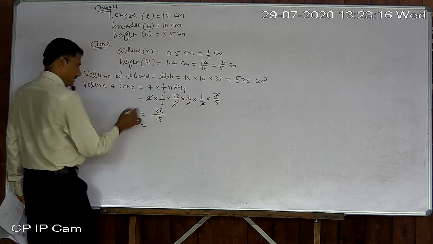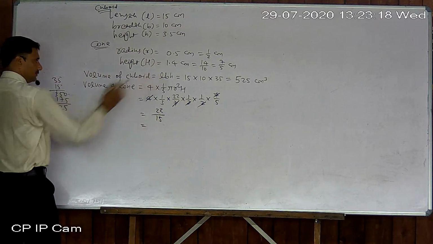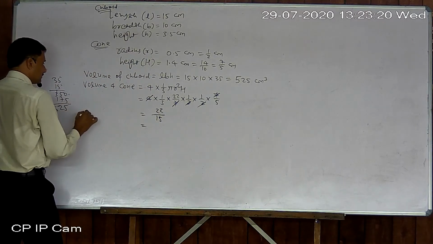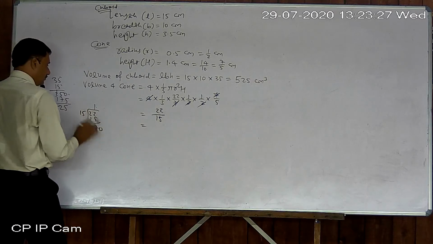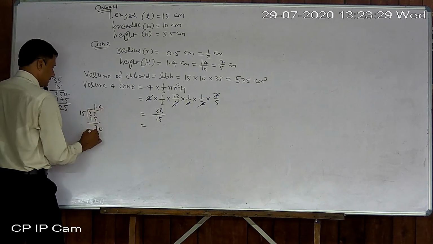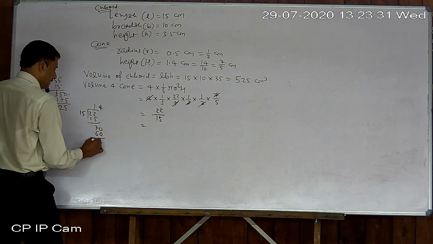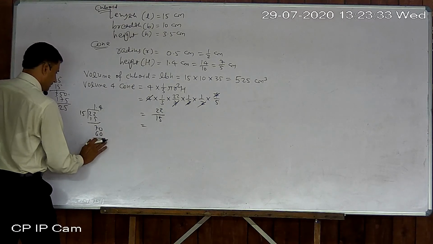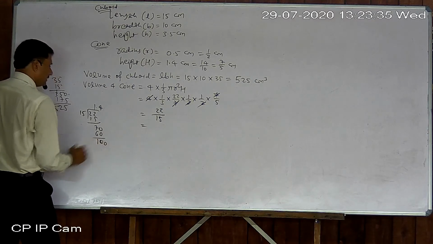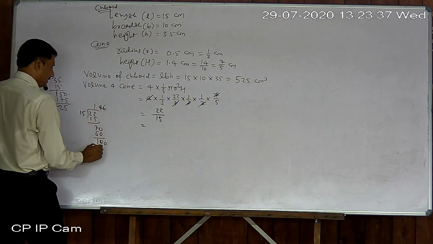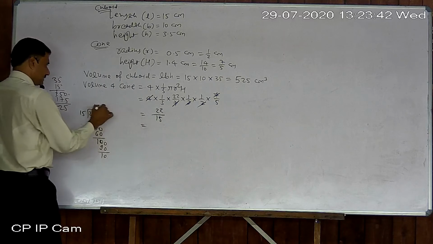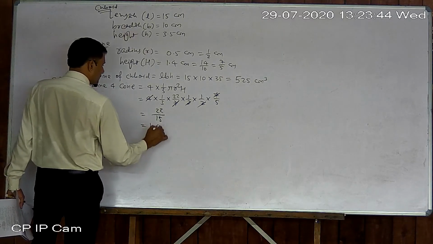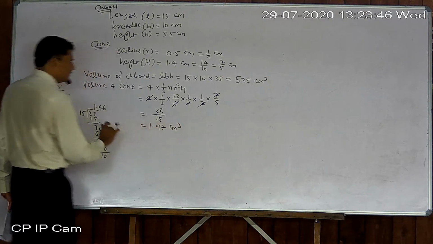So just convert it into decimal. Now 22 divided by 15: 15 ones is 15, 7 left. Now 15 fours is 60, 100 left, sorry 10 left. 15 sixes is 90, 10 left, again 6, so it will be like 1.466. So I can write 1.47 centimeter cube; otherwise you can write 1.46 also.